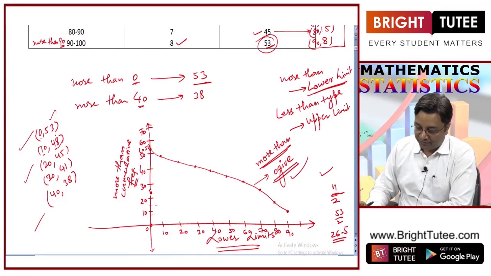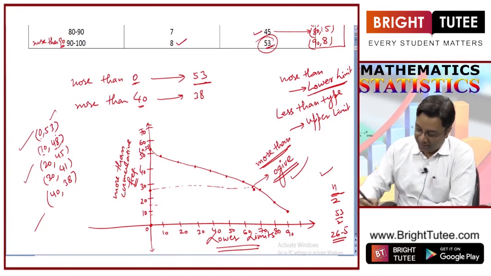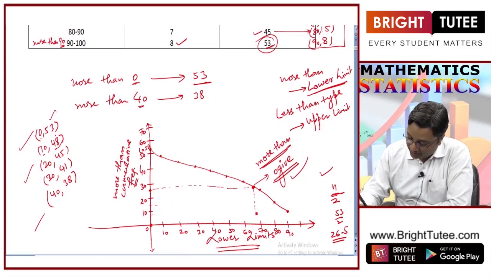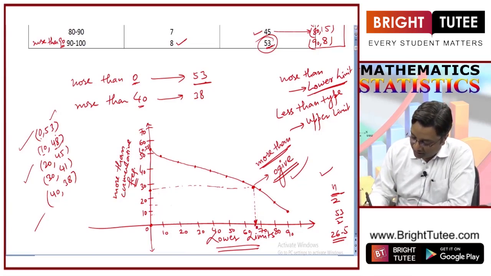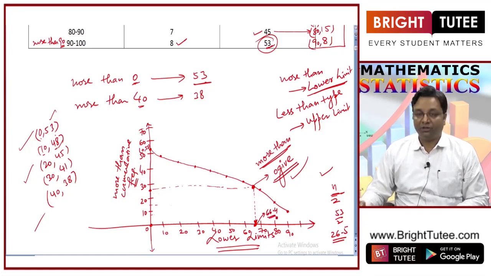26.5 will be somewhere here, and if I draw a line and let it meet the graph, it will meet graph here, and now if I look at the x axis, the abscissa corresponding to this point will give me my median, which in this case will be 66.4 approximately, right?